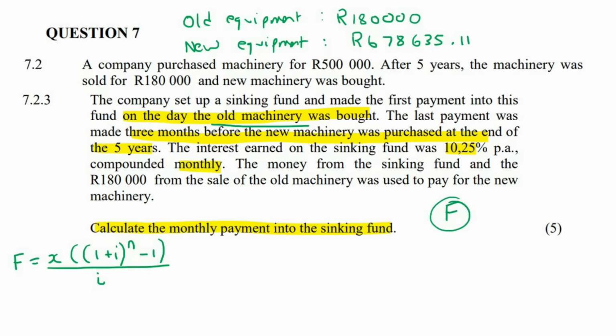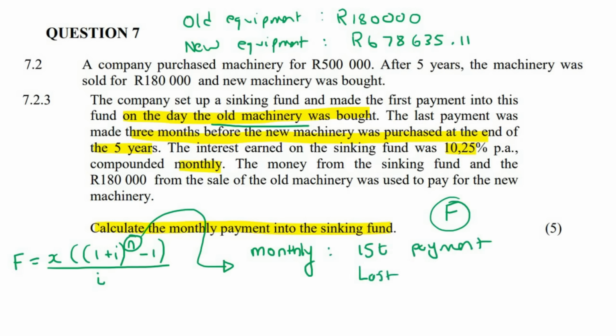Now, there's a couple extra little twists that you need to be extra careful about in this particular question. I've made videos where I explain how to calculate this value. And what we normally do is the following. When we are looking at a monthly investment, when do we normally make the first payment? And when do we normally make the last payment? I'm hoping you guys know this.